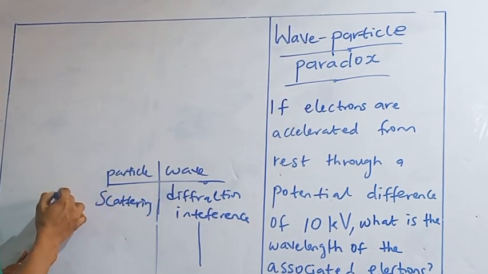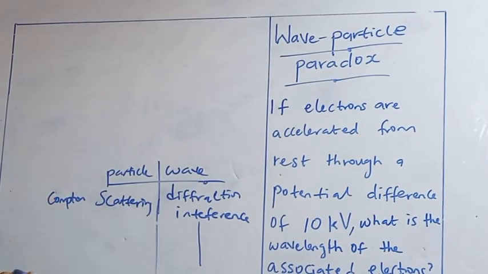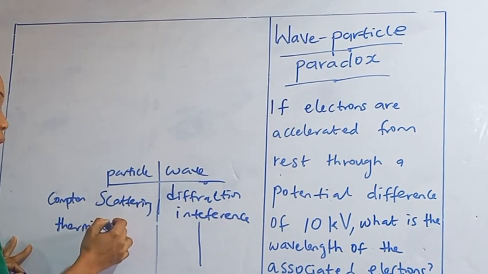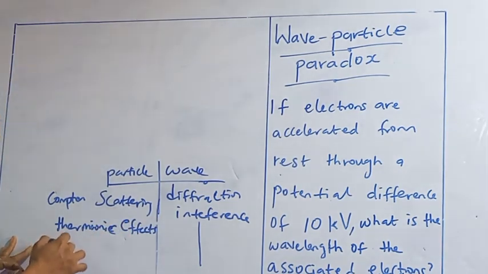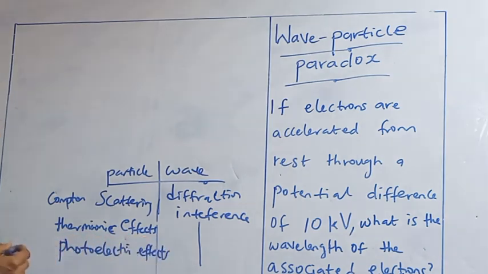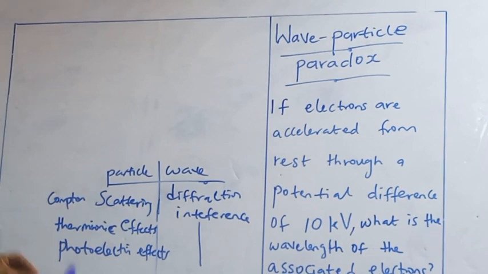We have what is called Compton effect, Compton scattering. We have thermionic effects. We have photoelectric effects. All these are the properties which you will use to explain that matter has particle properties, and these are for the wave.